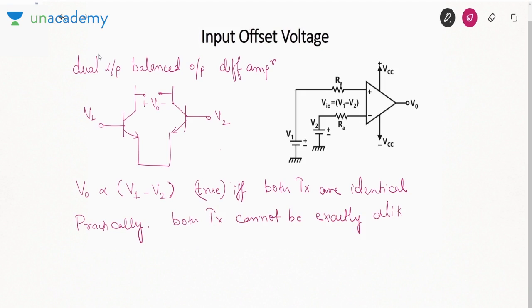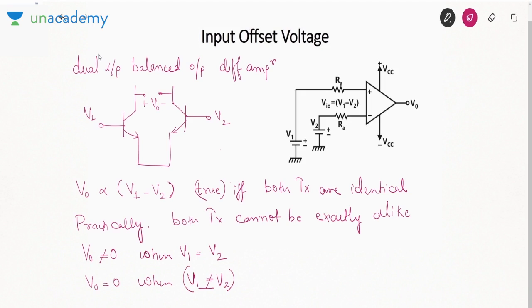There will be certain difference in both the transistors. In that case, V0 is not equal to 0 when V1 is equal to V2. That is, even if you keep V1 equal to V2, V0 will be non-zero. Similarly, V0 is 0 when V1 is not equal to V2.